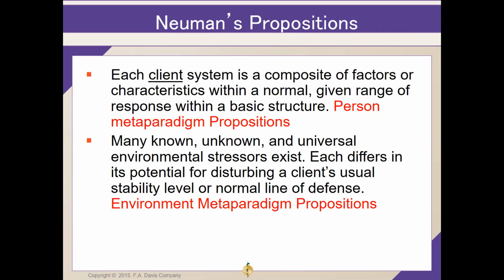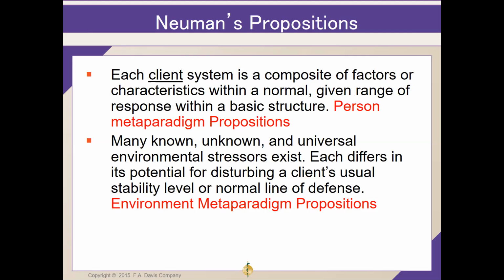Each client, and this would be the person meta-paradigm proposition, is a composite of factors, and we'll see the 5 factors that she presents, and there's a range of responses that a client has to that internal and external environment. She says there are many unknown environmental stressors. Each is different.